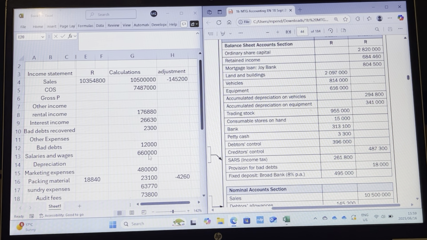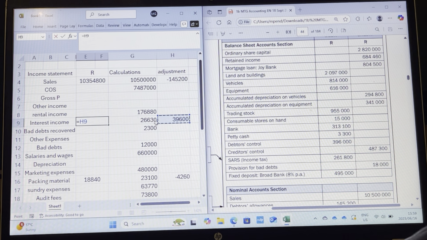Now we can calculate that by saying what is 8% of 495,000? That gives us 39,600. Now we were supposed to get 39,600 rands worth of interest, but we've only received 26,630.